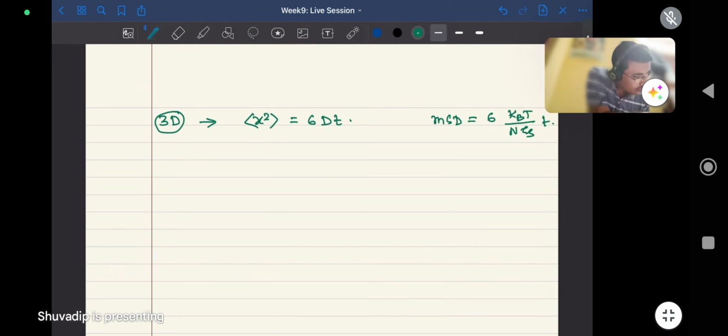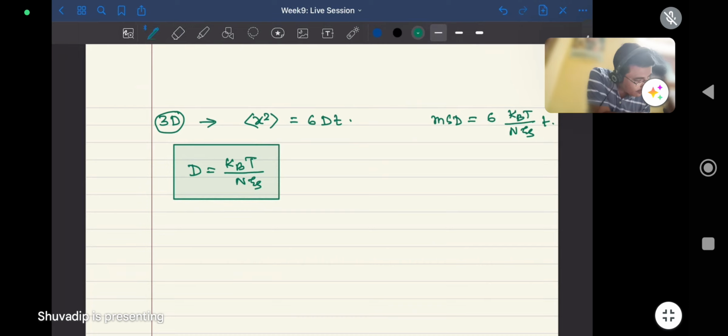So comparing these two relations, we get D equal to kBT by N xi, the diffusion constant, which says that D is proportional to 1 by N.